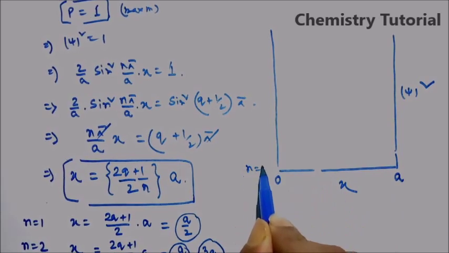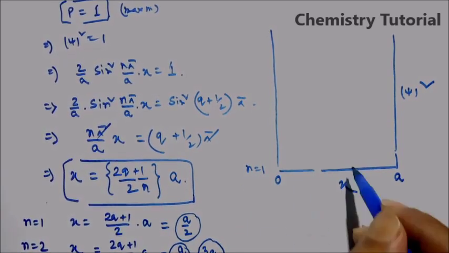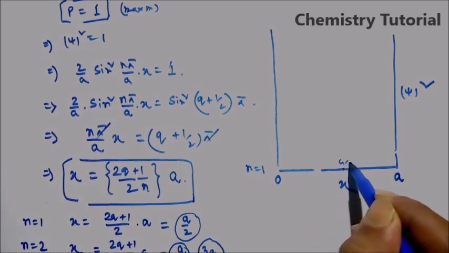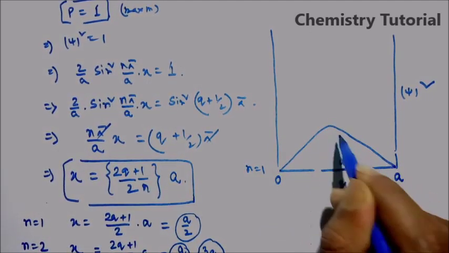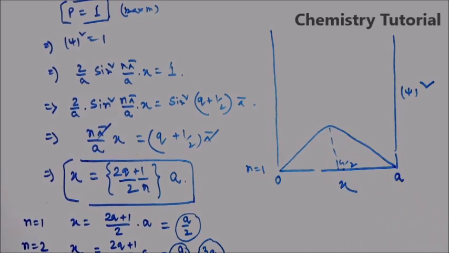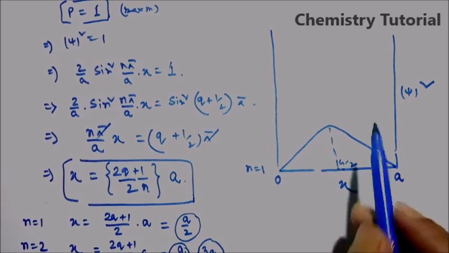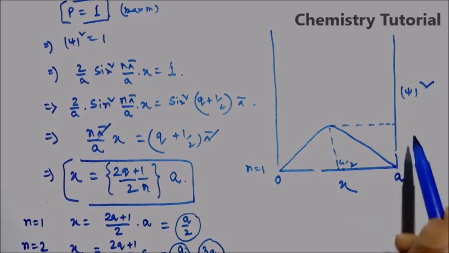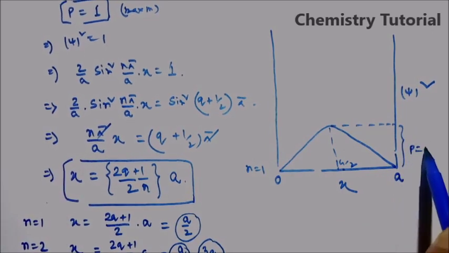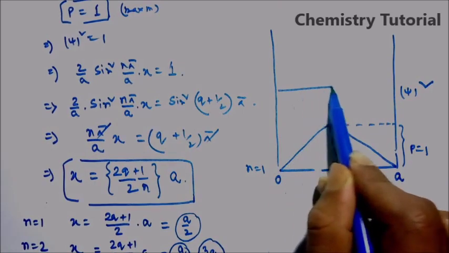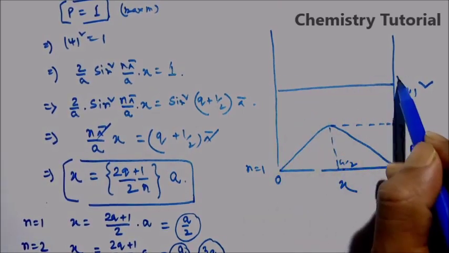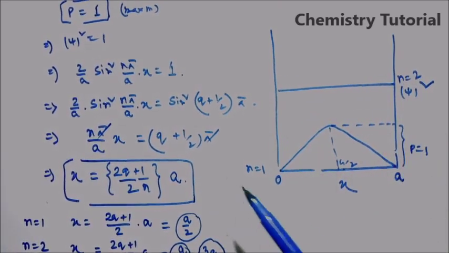For n equal to 1, at a by 2, the probability is maximum. Suppose this is p equal to 1.